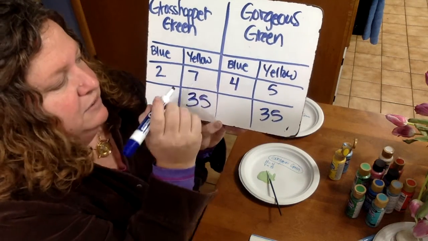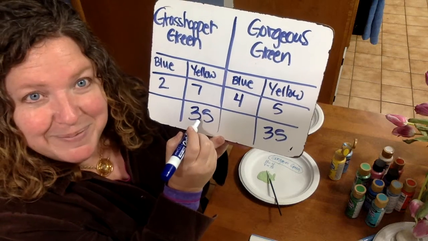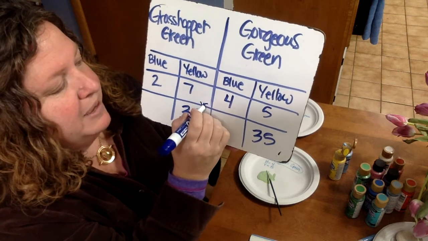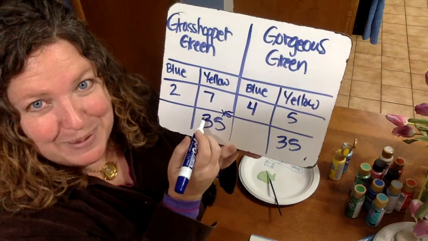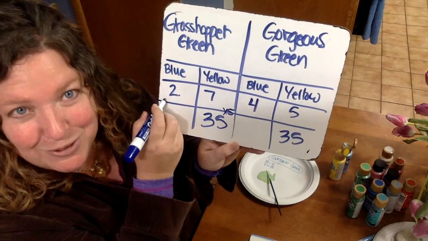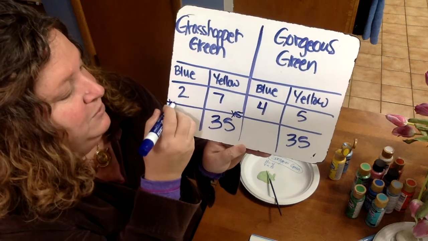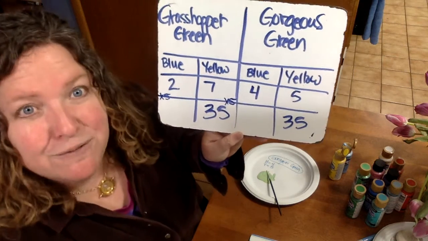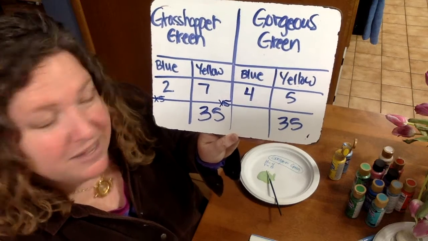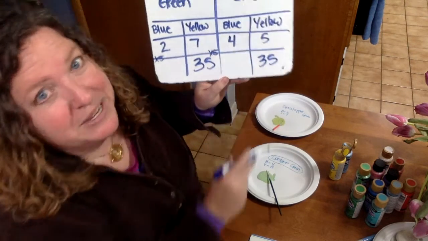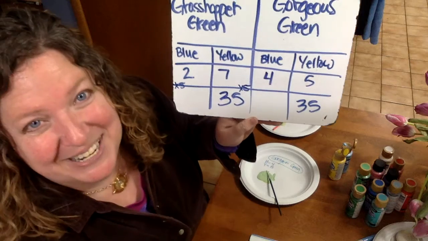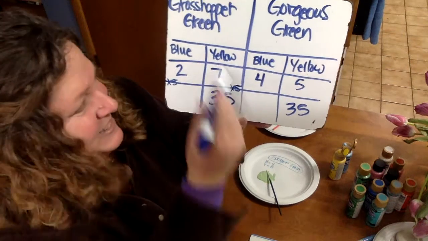How did we get from 7 to 35? We multiplied it by 5. If we multiply this part of the ratio by 5, what do we have to do to the other part of the ratio? We have to multiply it by 5. It's like taking 5 times that recipe. We only did 2 and 7. And frankly, I'm not going to make you sit here and watch me drop out 35 drops of yellow.